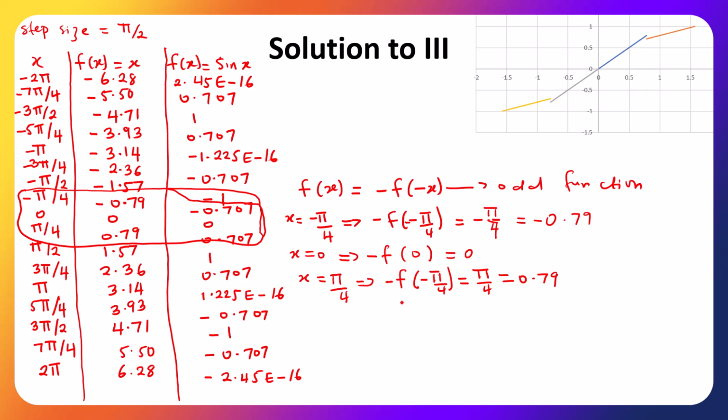So we say for f of x equals x, that indeed this function is an odd function because f of x is equal to minus f of minus x.